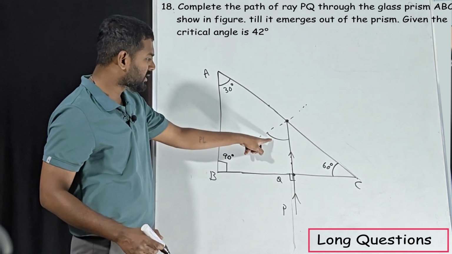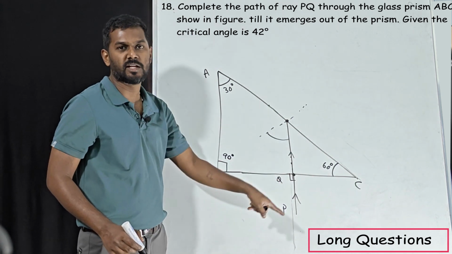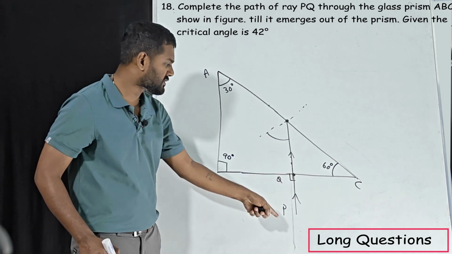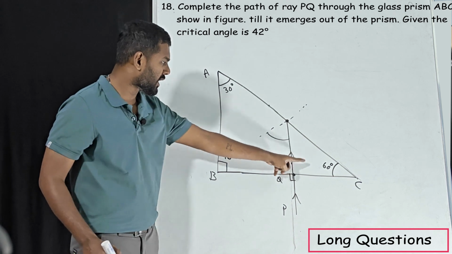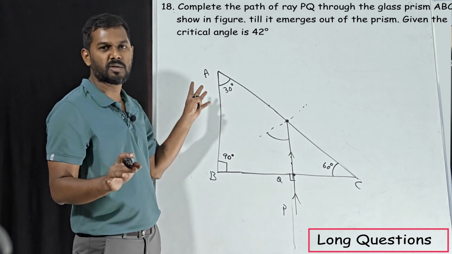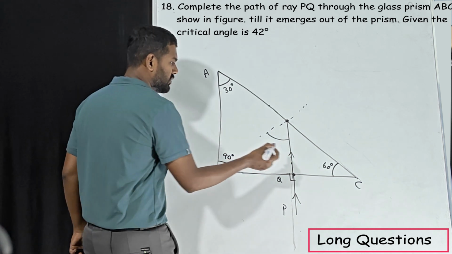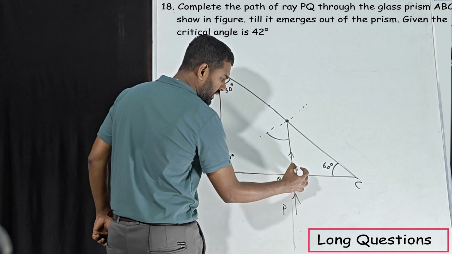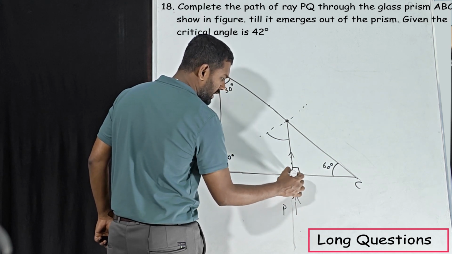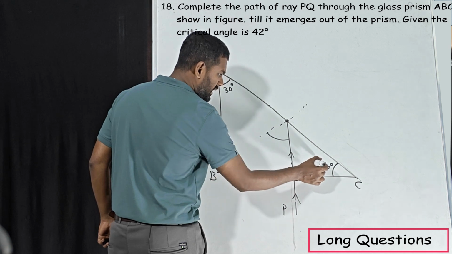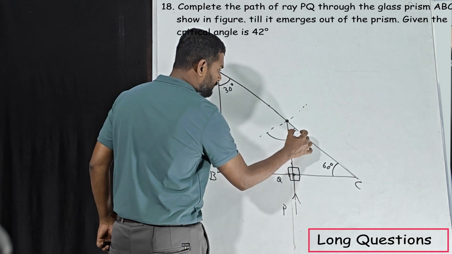But to find this angle we need to find these angles, because we have to see the triangle. This ray is splitting this complete big triangle into one small triangle and one other shape. We don't want the other shape, we always want the triangle. So this is 60, this is a straight line, this is 90, which means this will also be 90, this will also be 90. If this is 90 and 60, this will be 30.